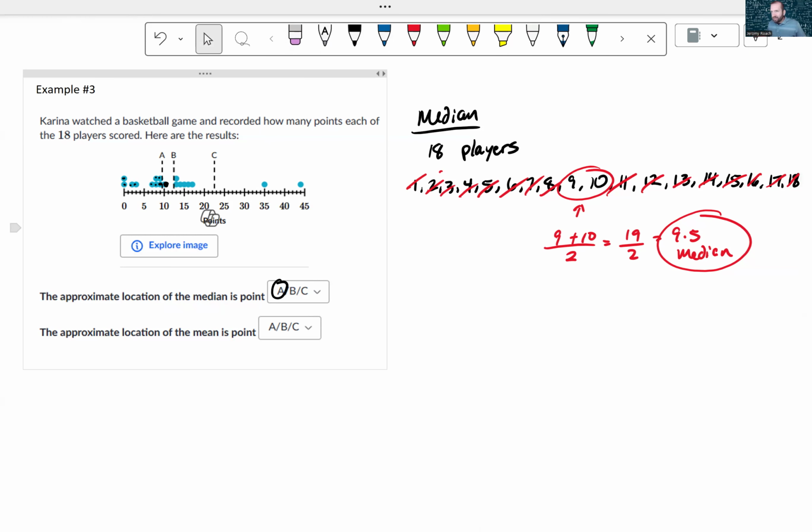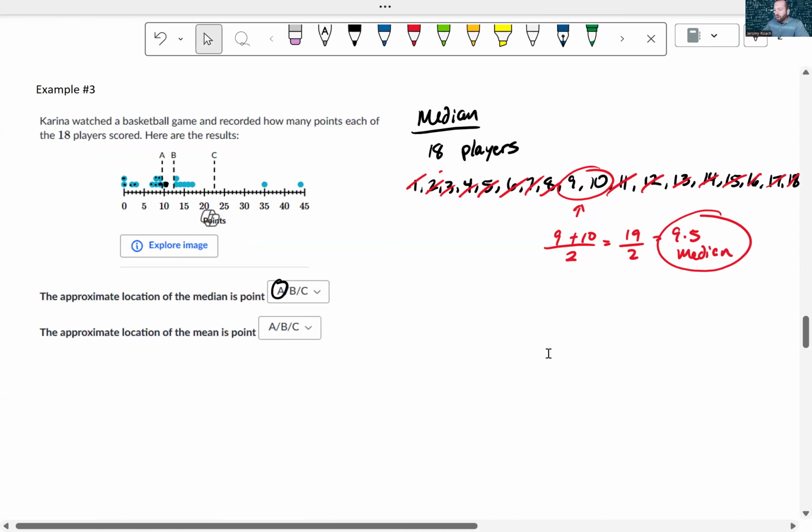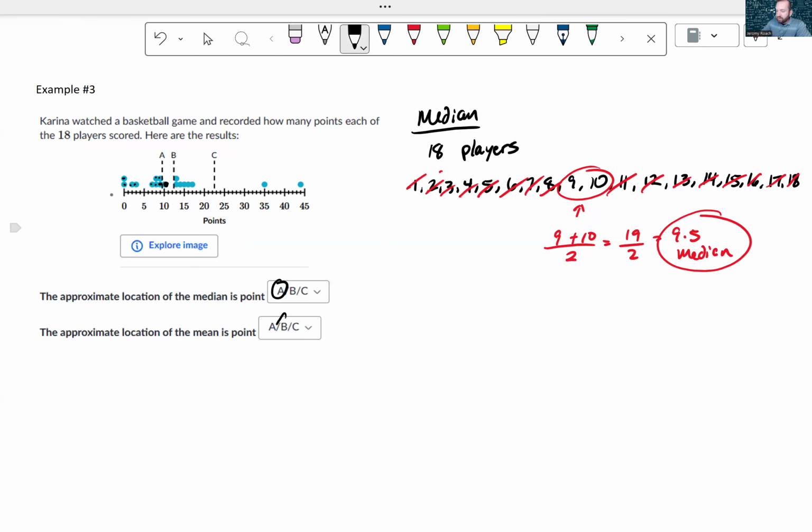It does something called pulling the mean upward. But it's only going to slightly pull the mean upward because there's only two outliers. There's just a couple of large values that pull the mean up past the median. So the approximate location of the mean is B.